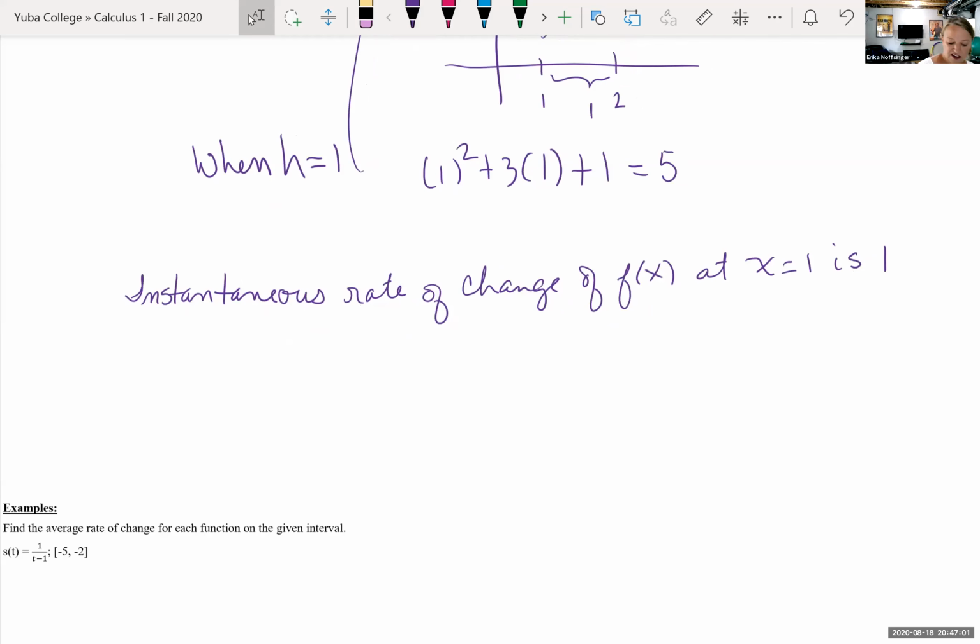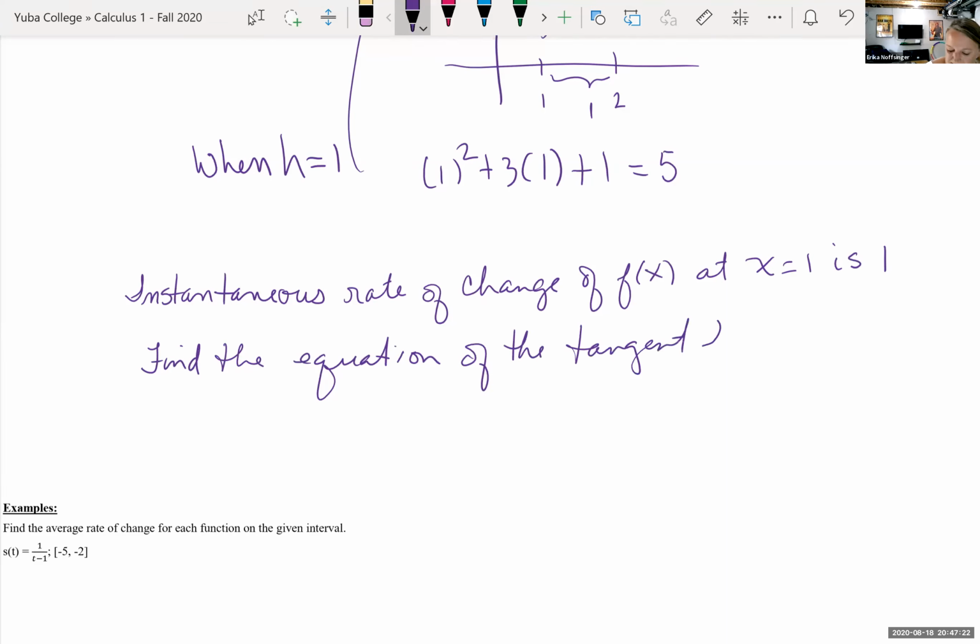So if you're looking at the equation in the graph and you want to find the equation of the tangent line, the tangent line is the line that's going through that point with the slope at that point.